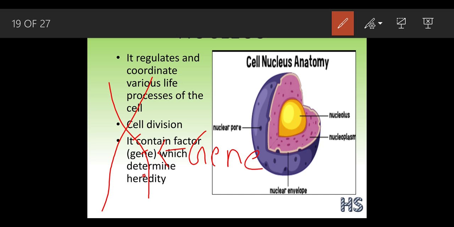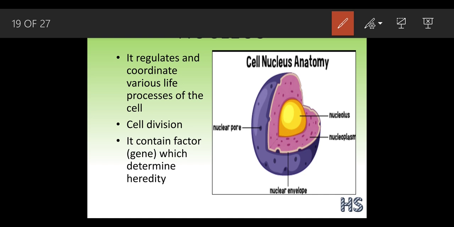Now, what are chromosomes? These chromosomes are the highly coiled form of the chromatin fibers. When they get condensed, they form an X kind of structure like this. This is known as the chromosome, which has a particular amount of genes on it.